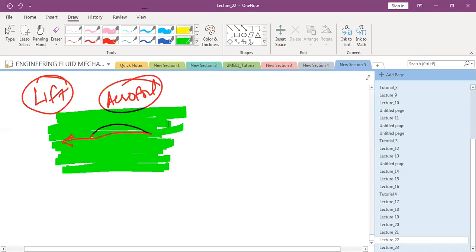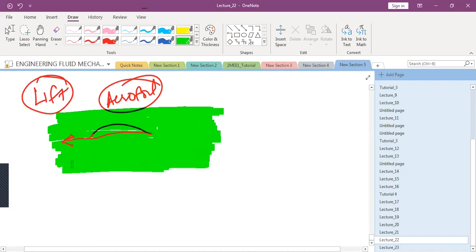Lift will be in which direction, up or down? Up. So it means the flow is acting in which direction, clockwise or anti-clockwise? Clockwise.